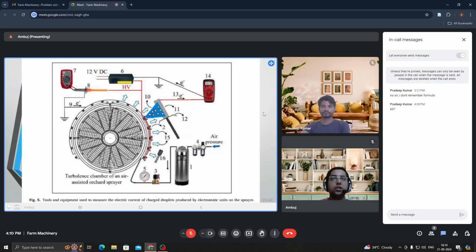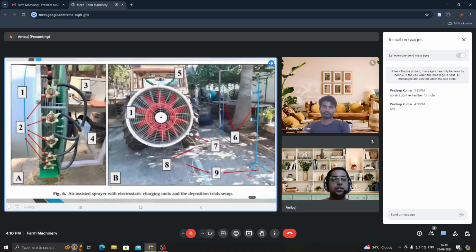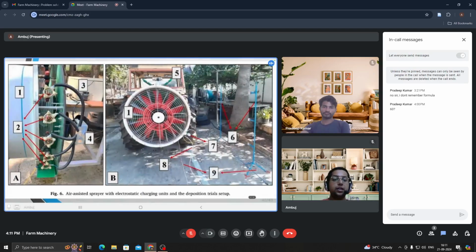High voltage is being provided here, then induction of the charge is there. The electrode is there, and air pressure has been induced here. This is the complete view of the air assisted sprayer with electrostatic charging units with deposition trials.